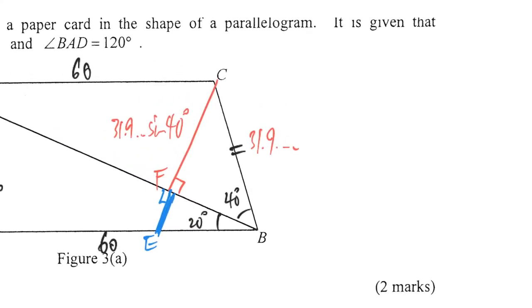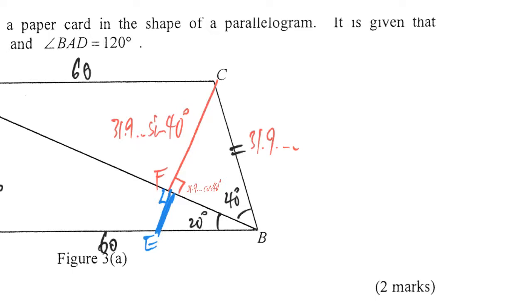After that, we also need this line, which is connected by FB here. If we focus here, this is 31.9 something times cosine 40 degrees.